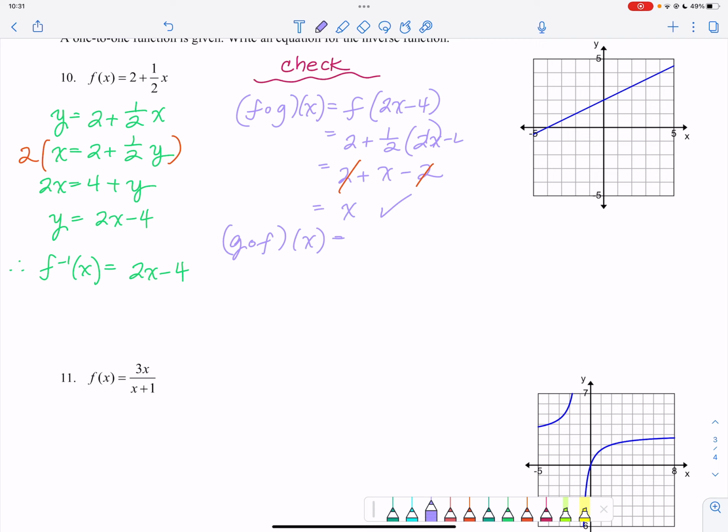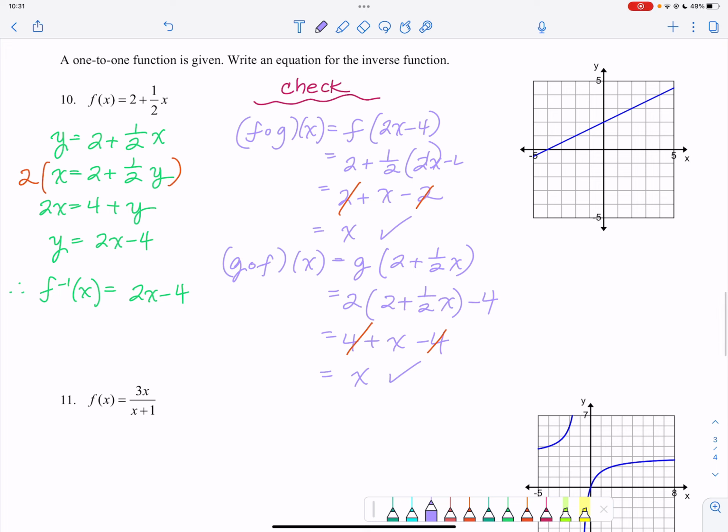And we have g of 2 plus 1/2 x, and that's 2 times 2 plus 1/2 x minus 4, and that's 4 plus x minus 4, and yes, that's equal to x.